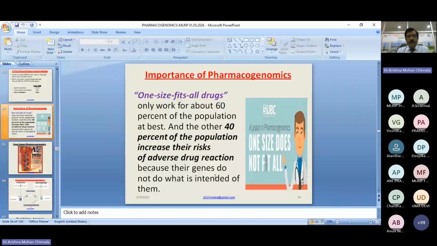So, the importance of pharmacogenomics: one size fits all drugs only work for about 60% of the population, only 60% at best.